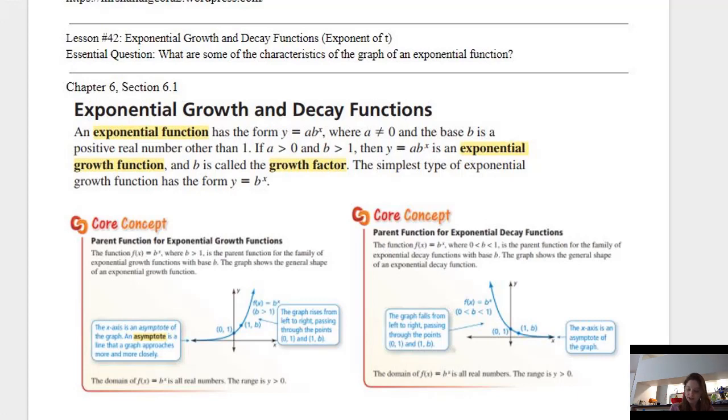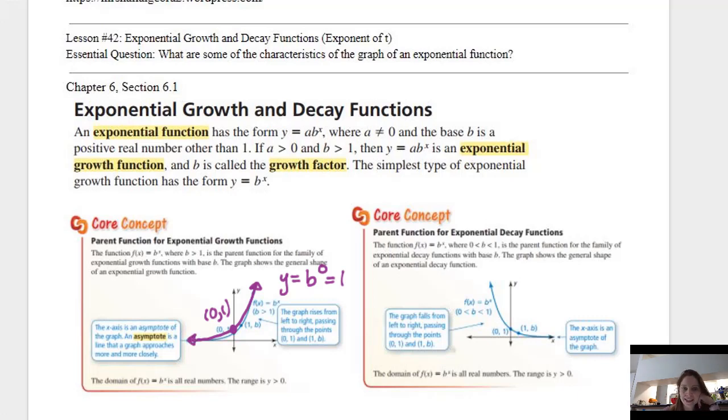So you'll see that the graph is growing as you go right. The y-intercept of the parent function is when x is 0 and anything to the 0 power is 1. So that's why the point here is 0, 1.